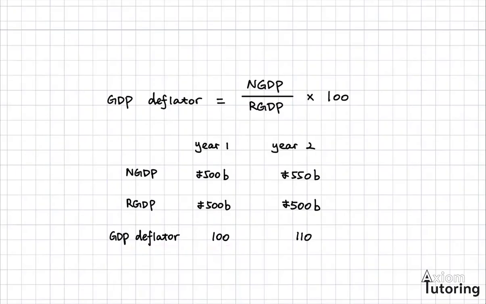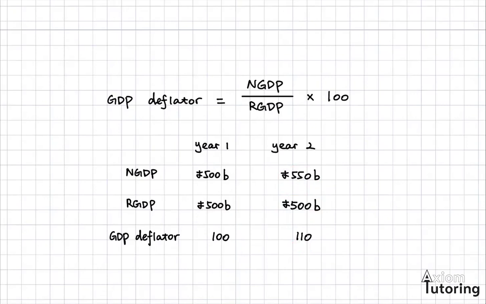It tells us that prices are being measured relative to the base year. Well, suppose that in a later year, in year 2, nominal GDP has grown to 550 billion pounds, while real GDP remains constant at 500 billion pounds, and the GDP deflator is simply 550 divided by 500 times 100, so 110. So what does this index mean?